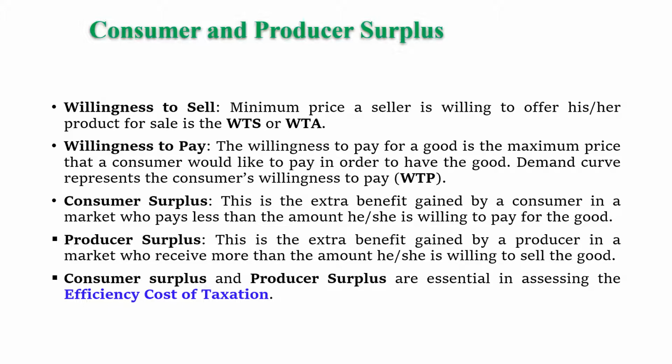Now the producer surplus is just the extra benefit gained by a producer in the market who receives more than the amount he or she is willing to sell the good for. If a shoe factory is willing to sell one pair of shoes for $100, and consumers are willing to pay $120 for that pair of shoes, then there is a producer surplus.